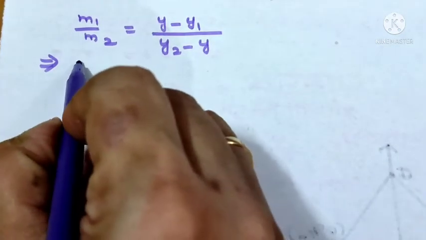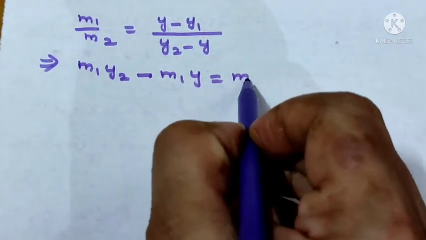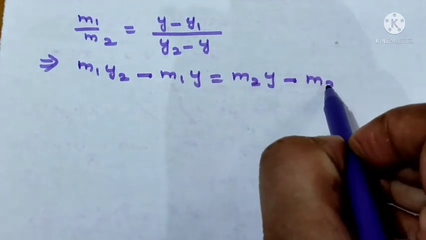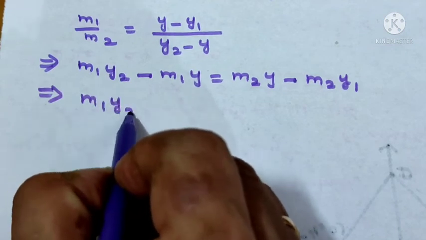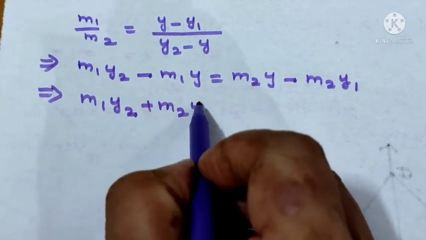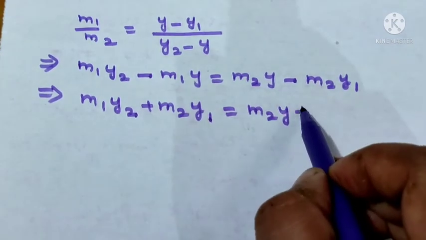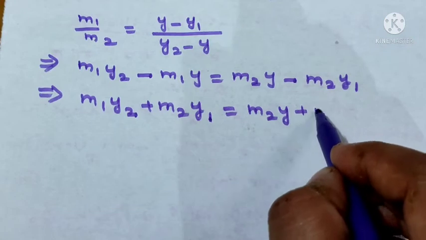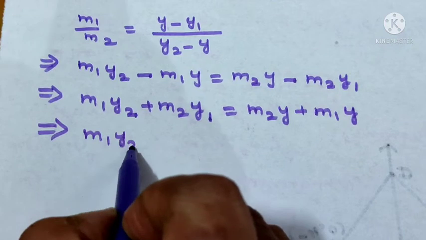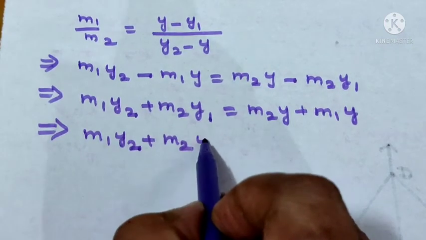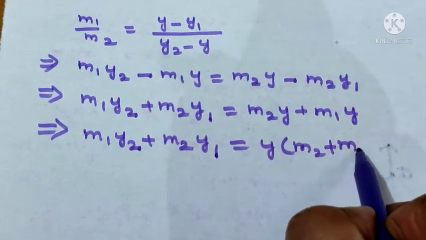So by cross multiplying, m1y2 minus m1y equal to m2y minus m2y1, implies m1y2 plus m2y1. m2y is already there, then the y terms we are bringing to this side, it is m1y. Now m1 started, then y2, m2 started, then y1, equal to y common, m2 plus m1.